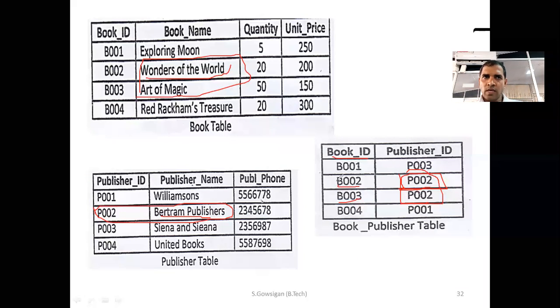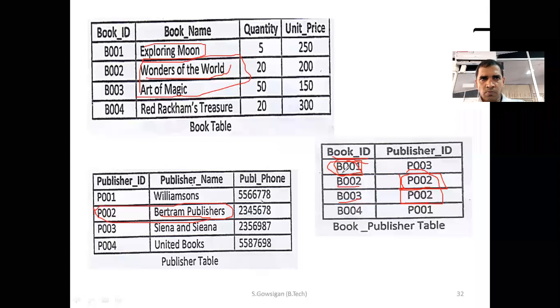Now, we can say that one book can be published by two publishers. You know, one book can be written by two people, right? The same book can be written by two authors. Similarly, for example, B001, which means Exploring Moon.